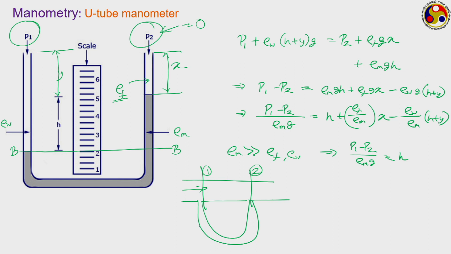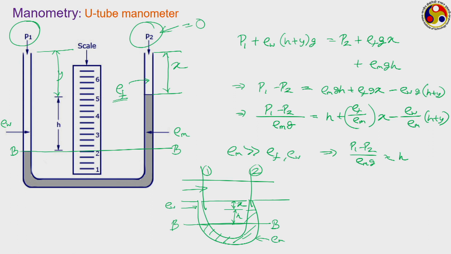It may be possible that this is the manometric fluid which is showing an elevation difference of h, and on top of the fluid we have this x that is left. Now, if across this particular section BB we take a force balance again, rho m is the density of the manometric fluid and rho w is the density of the working fluid.